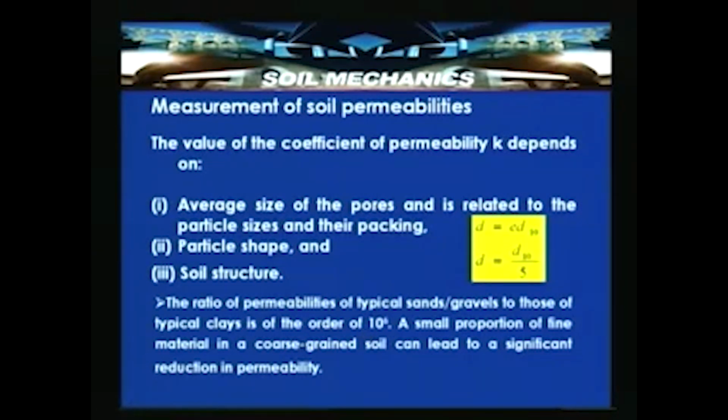So, a million times the difference can be there. A small proportion of fine material in a coarse grained soil can lead to a significant reduction in the permeability. So, a small proportion of fines content can influence a coarse grained soil in reducing the permeability.